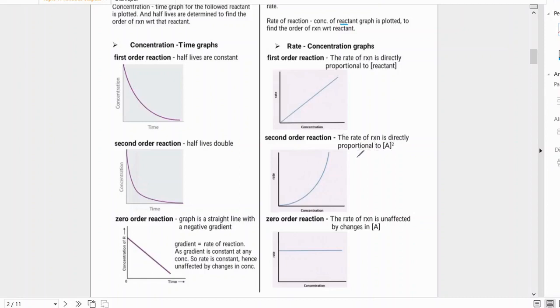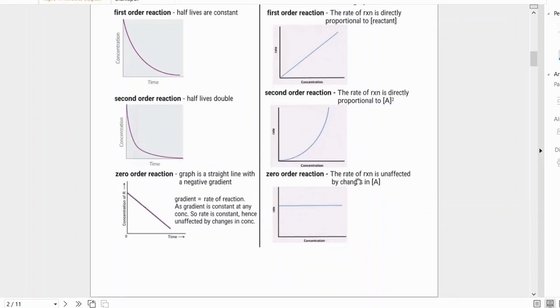Or in other words, this is perfectly fine too. And for a zero order reaction, the rate of reaction is unaffected by changes in concentration of the reactant.